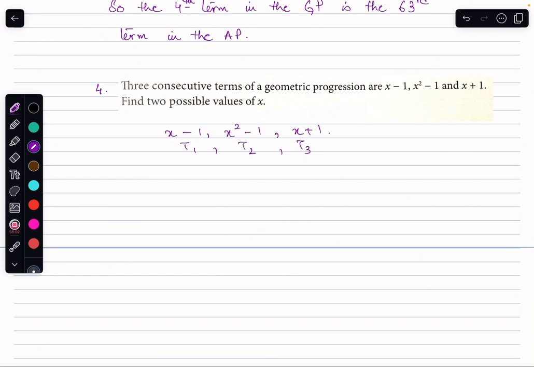I know that in geometric progression the common ratio should be equal to t2 over t1, and this should be equal to t3 over t2. I have the three consecutive terms, so I can substitute their values and say this is x squared minus 1 divided by x minus 1, which can be written as x plus 1 over x squared minus 1.